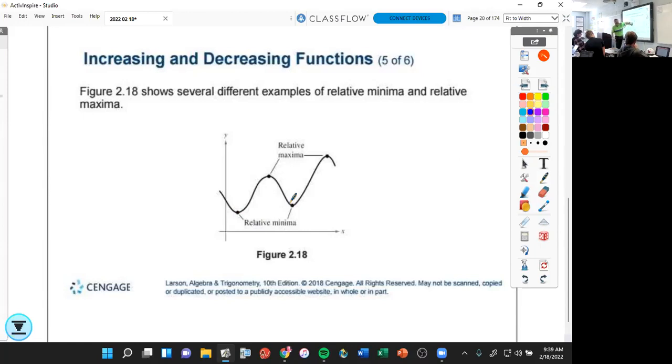This is a relative minimum. This is another relative minimum. These are relative minima. Got it? This is a relative maximum. This is another relative maximum. Together we have two relative maxima.